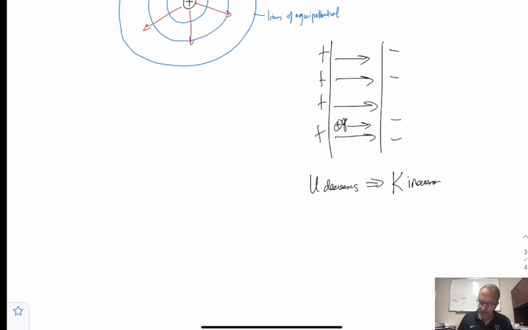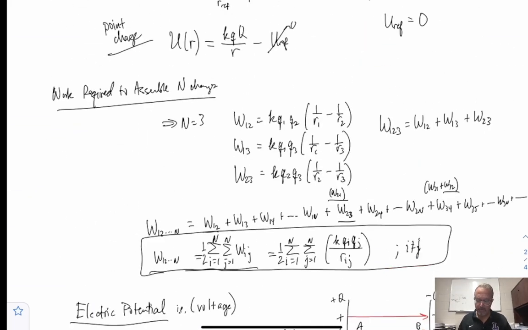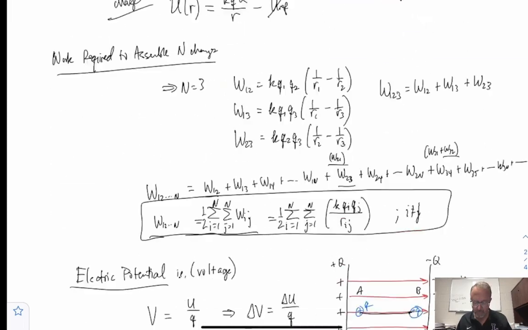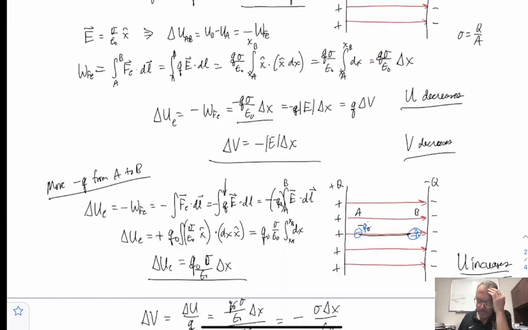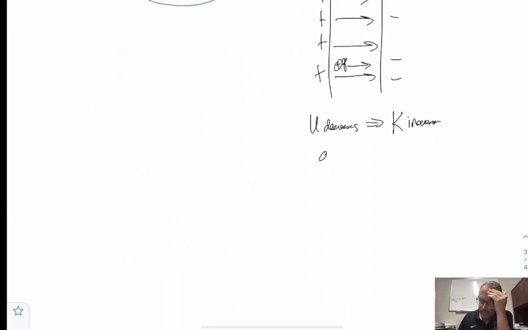And so the potential energy decreases by an amount that we calculated: Q times delta V, right? Well, the kinetic energy increases. Maybe it starts at rest, or maybe it doesn't.